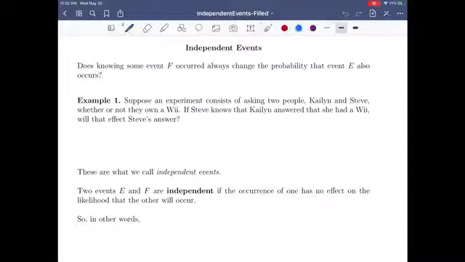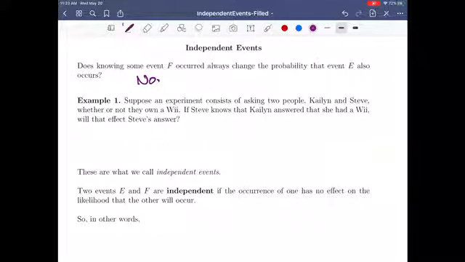Okay, and the answer to that is no. And when it doesn't, we say that the events are independent. A sort of silly example is, suppose that my experiment consists of asking two people, I called them Kaylin and Steve, whether or not they own a Wii. Okay, this might be a bit dated. But if Steve knows that Kaylin answered that she did have a Wii, will that affect Steve's answer?